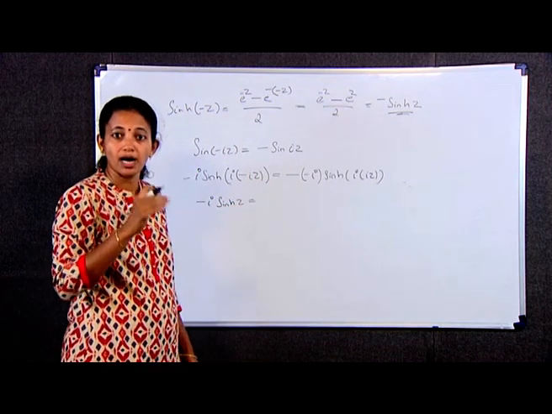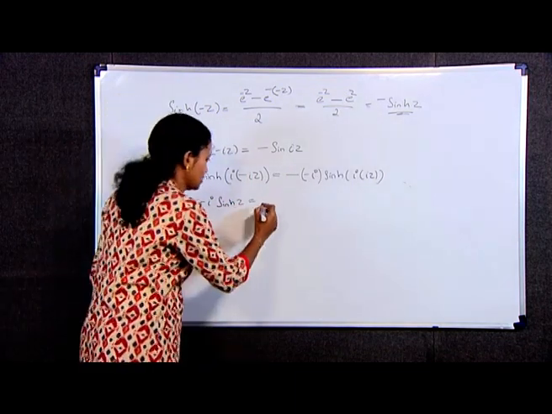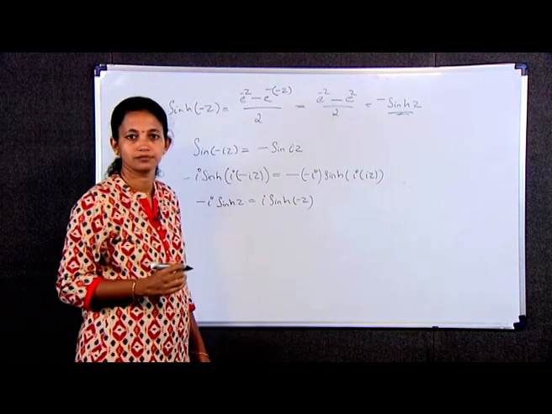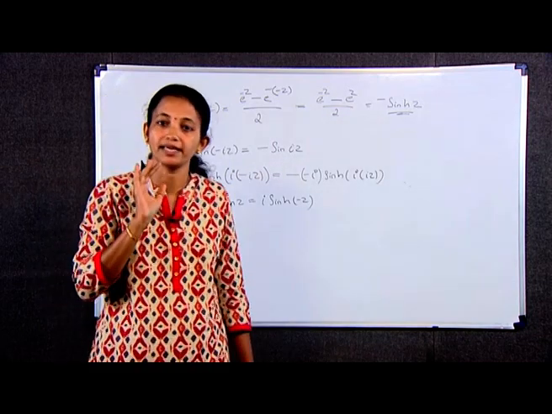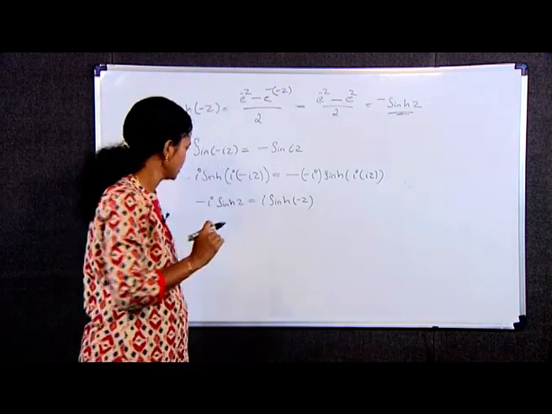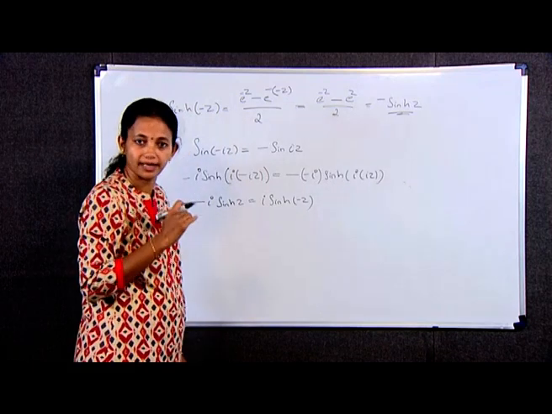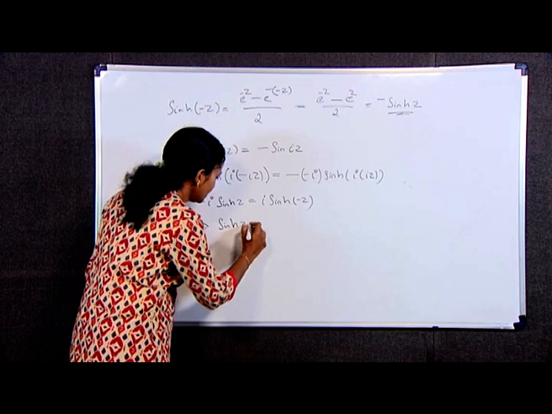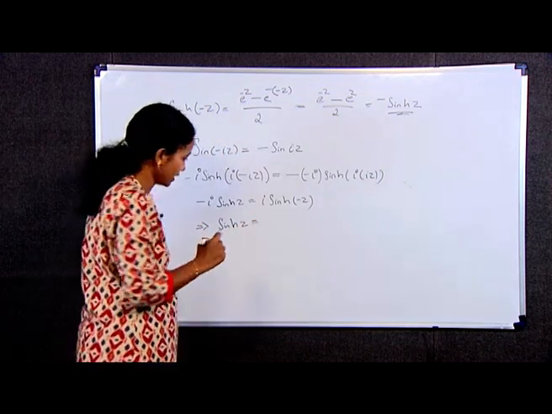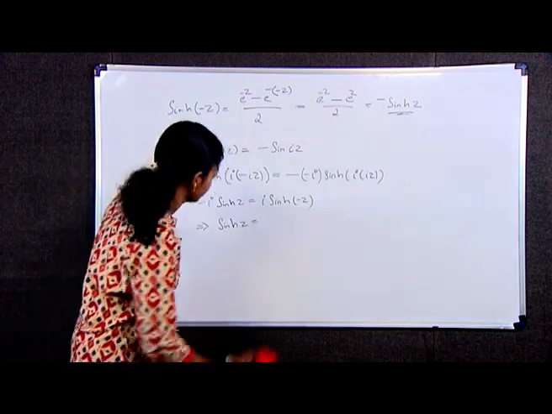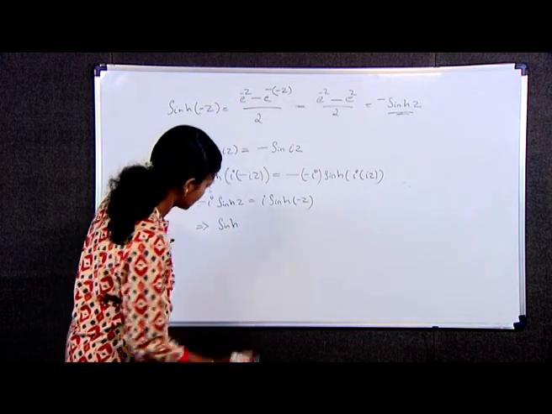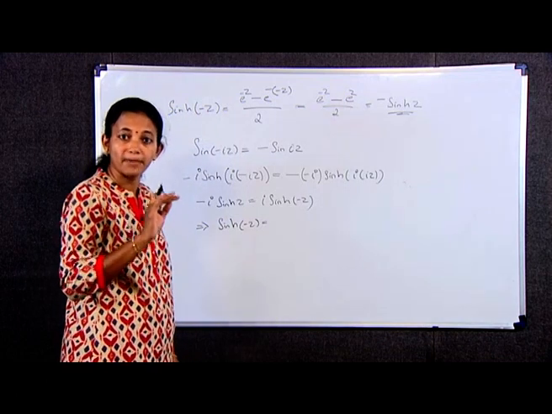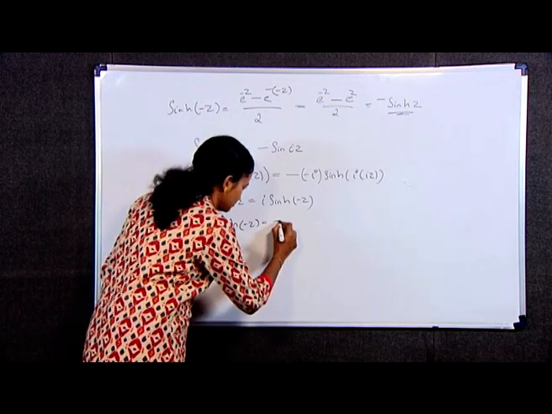This is equal to i into sinh of minus z. Multiplying both sides by i, the above yields sinh of minus z, which is equal to minus sinh z.